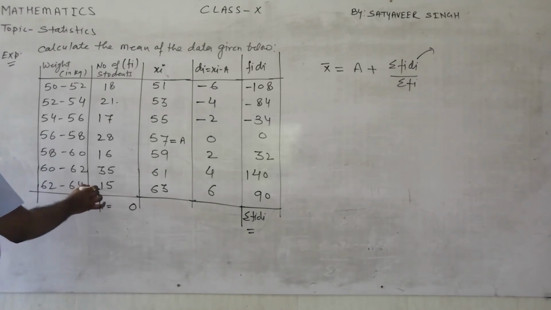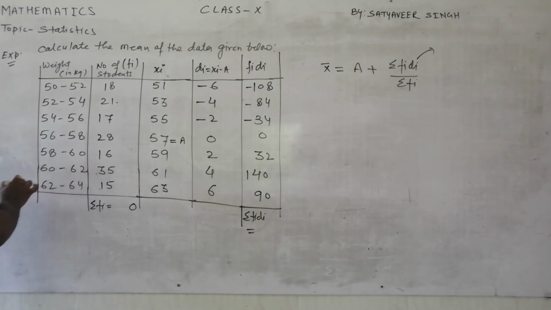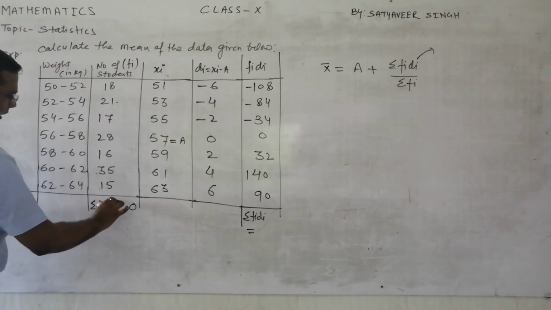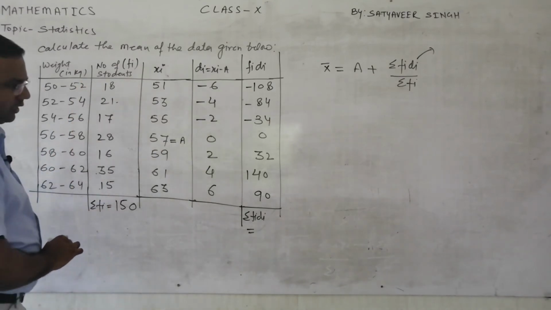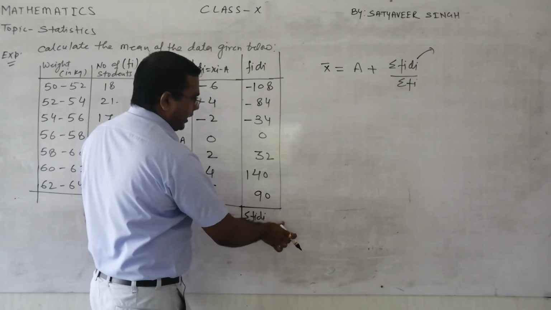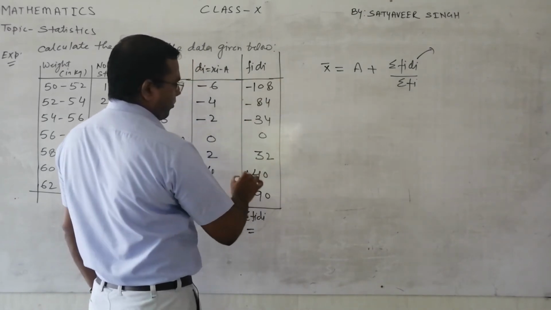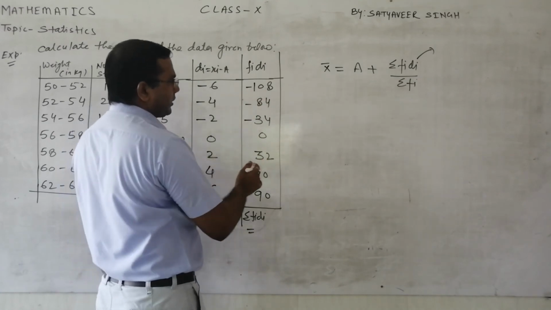So 4 plus 1 is 5, 5 plus 3 is 8, plus 1 is 9, 10, 11, 12, 13, 14, 15. So we got 150. And here, when you add, take care that you first add the negative terms and then the positive terms and then find the difference.